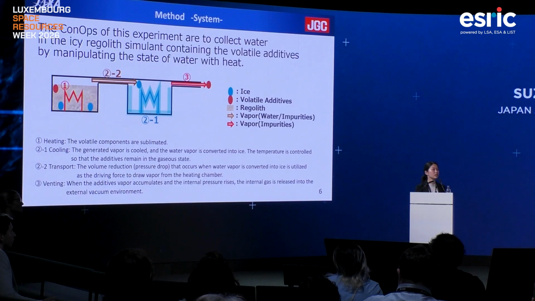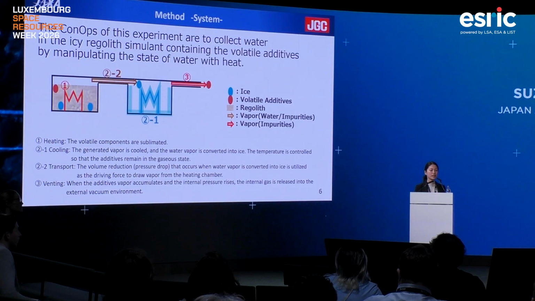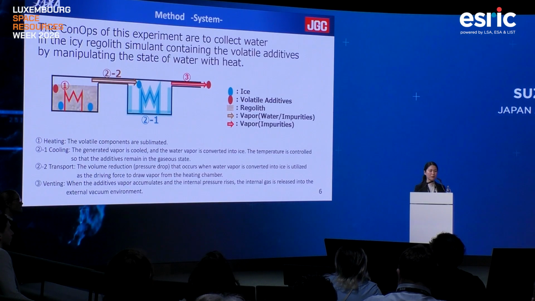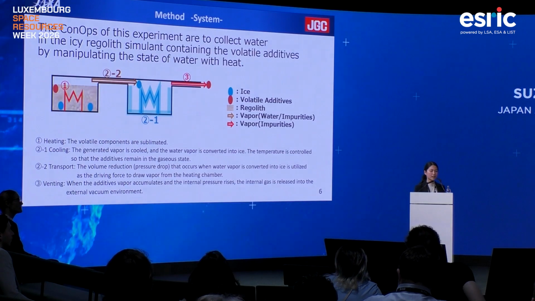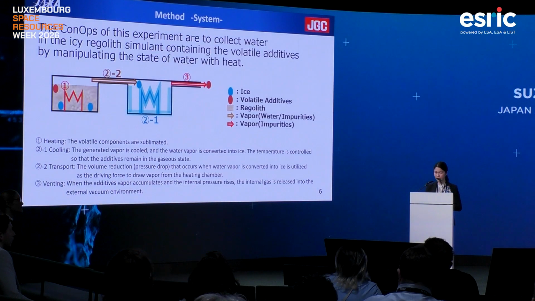And by heating, the volatile components are sublimated. Then the generated vapor goes to the next box, the cold trap, and the water vapor is converted into ice. At the same time, the temperature was controlled so that the other volatile additives remain in a gaseous state.